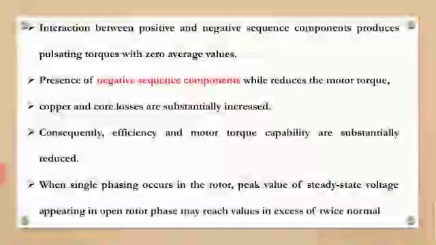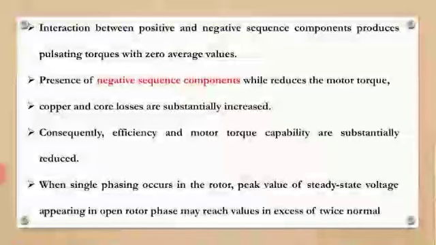Now I am going to explain the effect of negative sequence components. Negative sequence components reduce the motor torque, and copper and core losses are increased. Consequently, the efficiency and motor torque capability also reduce.